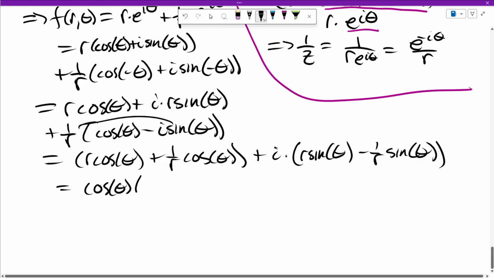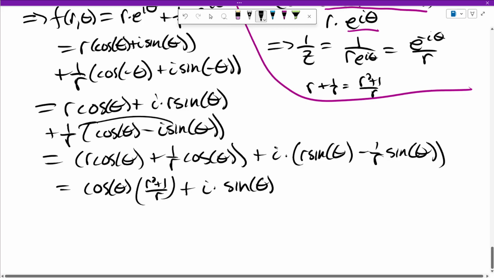We're going to get cosine times r plus 1 over r. Let's just do some quick side work: r plus 1 over r is r squared plus 1 over r. So we're going to get cosine times r squared plus 1 over r, and then plus i sine, pulling out that sine, we're left with r minus 1 over r, so that's r squared minus 1 over r.